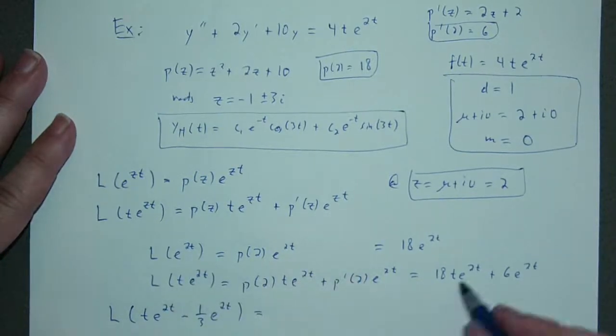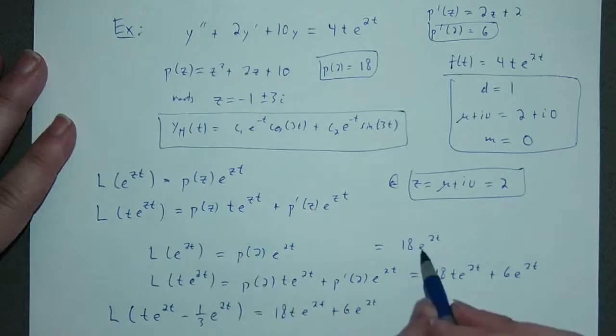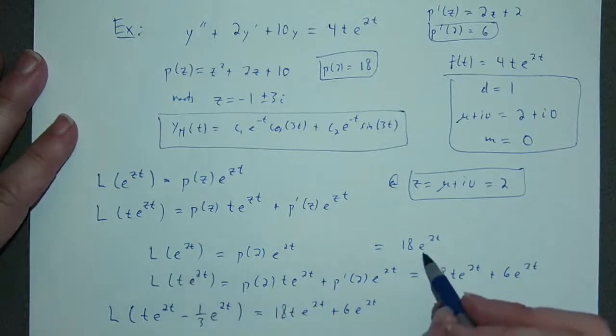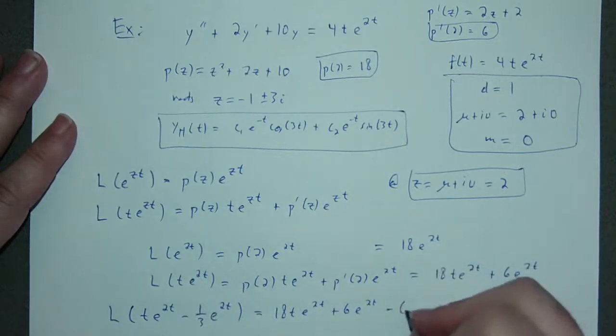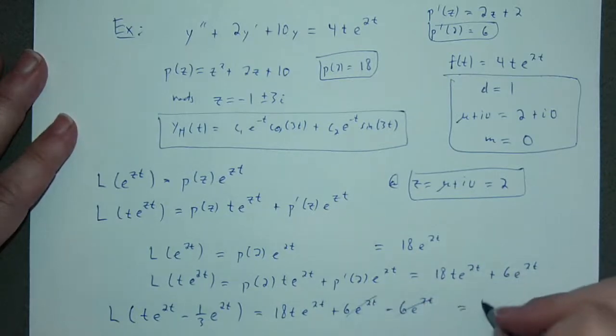And what that would be is 18 t e to the 2t plus 6 e to the 2t. 1/3 e to the 2t, hitting it with L, gives me 6 e to the 2t here, right? So minus 1/3 e to the 2t here would give me minus 6 e to the 2t. Those cancel, and I'm left with 18t e to the 2t.